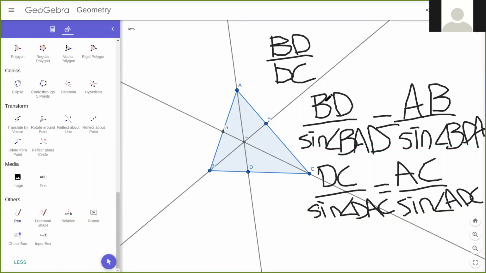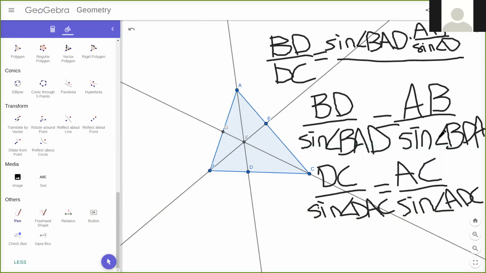And when we look at this ratio again, BD is equal to sine angle BAD times AB over sine angle D, as I'll just call it for now.